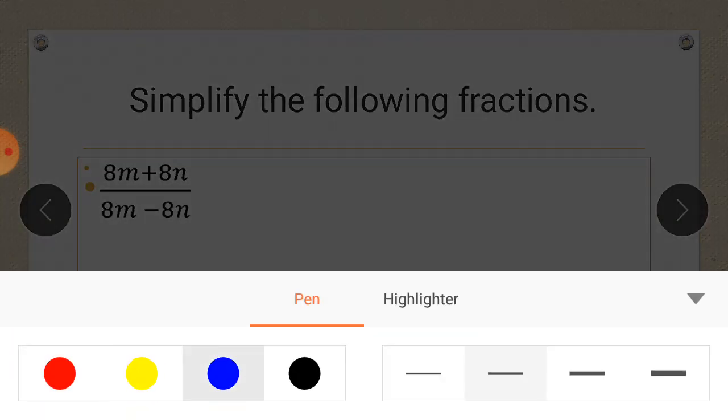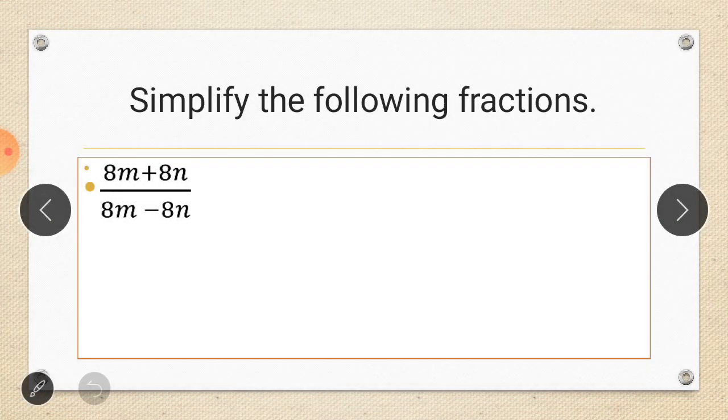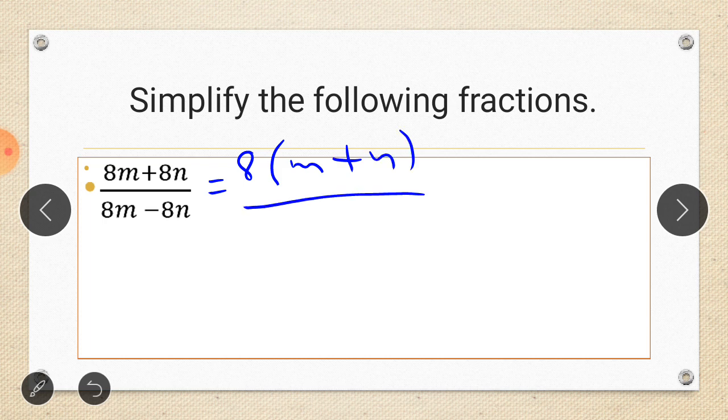So same procedure, we have to list down the factors of the numerator and the denominator. So for 8m plus 8n, they have a common factor which is 8, and 8m divided by 8 is m, plus 8n divided by 8, that is n, over the common factor of 8m minus 8n, which is still 8.